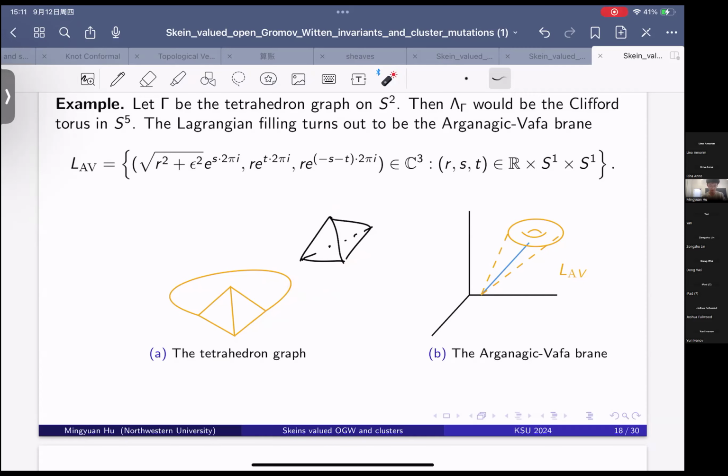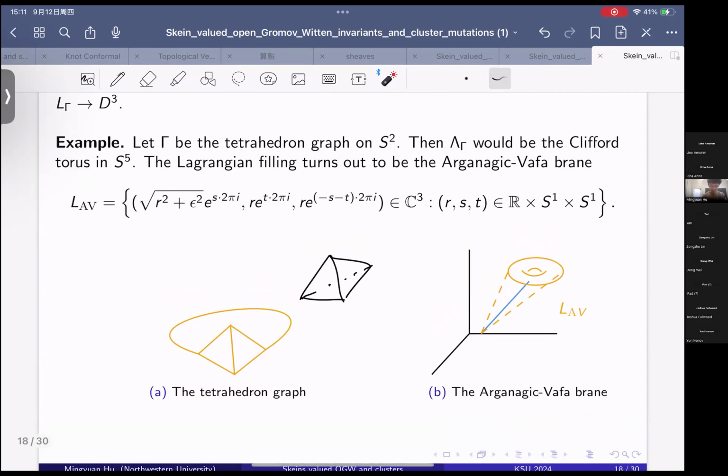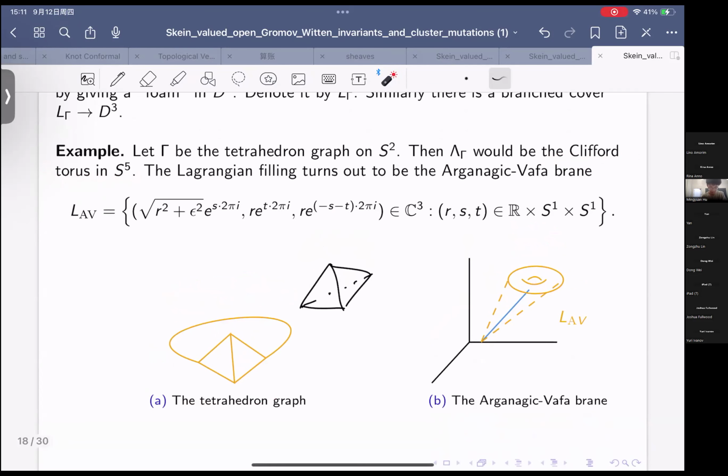If you go back to our definition, you will find the Legendrian surface we get is actually the so-called Clifford torus in S5. It's an interesting exact Lagrangian torus in S5, and the Lagrangian filling we get is called the Aganagic-Vafa brane. It was studied by physicists before, and if you want a formula, this is it.